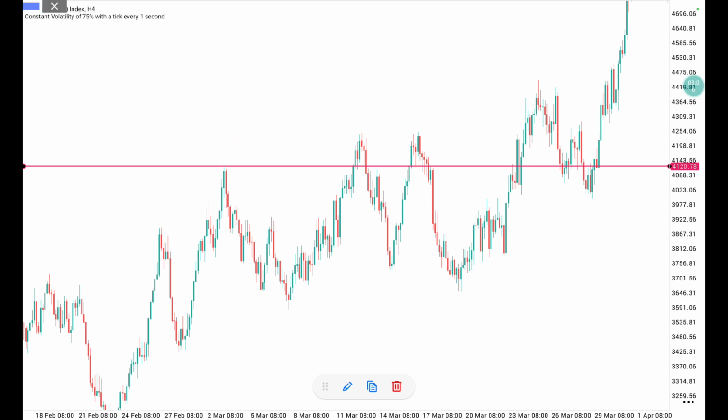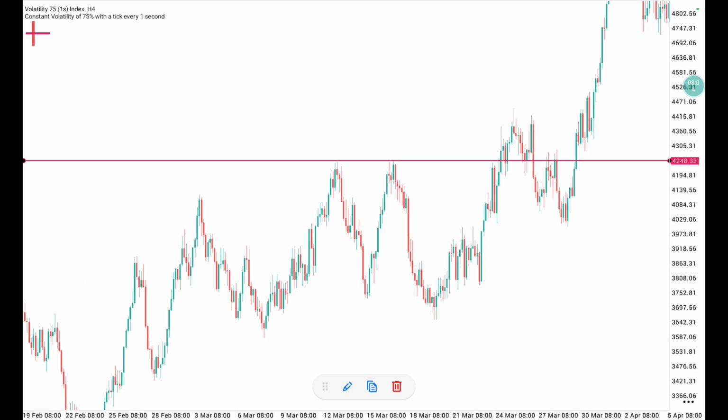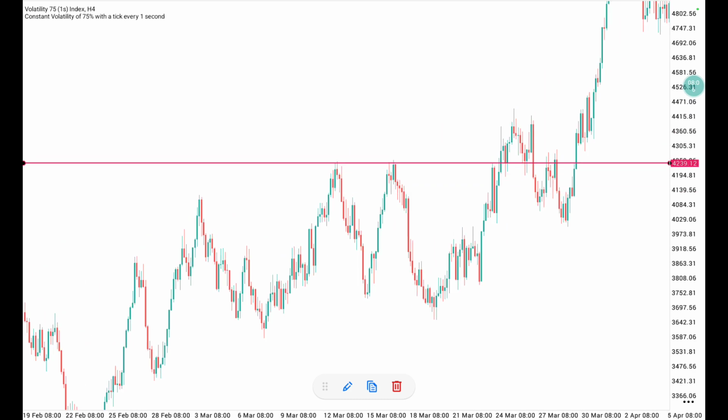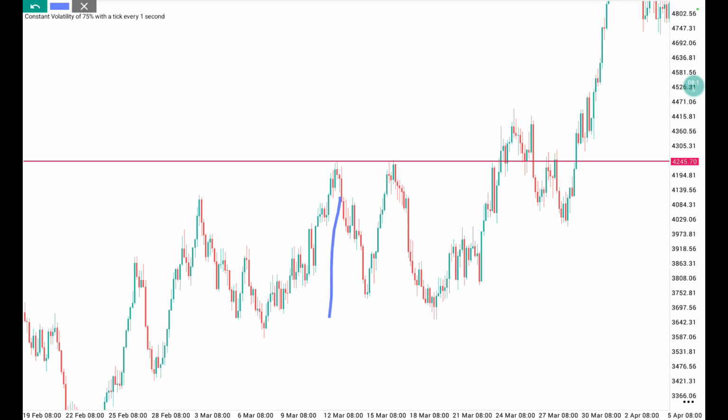And if I put my line on this one, you already know that these two highs are basically equal. So you cannot call this a higher high. You should rather say relatively equal highs. Where do we have a higher high? Here. That's where we had a higher high.